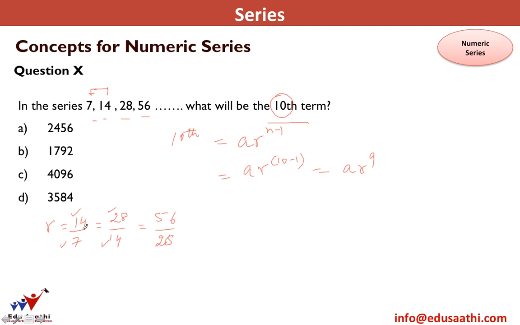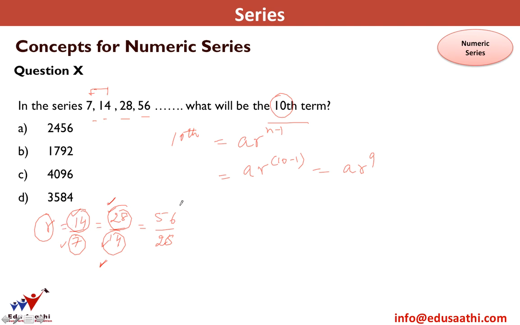So you take consecutive terms and then you find this common ratio, and always it would be the second term over the first term, the third term over the second term, not the opposite. So the higher number term will always be in the numerator and the smaller number term will always be in the denominator. Smaller number as in according to the number basis in which they occur in this series.